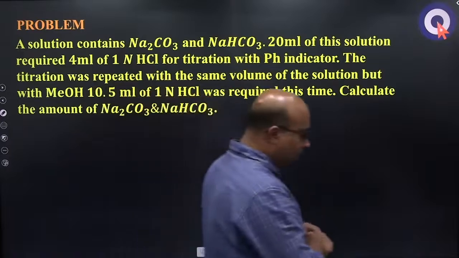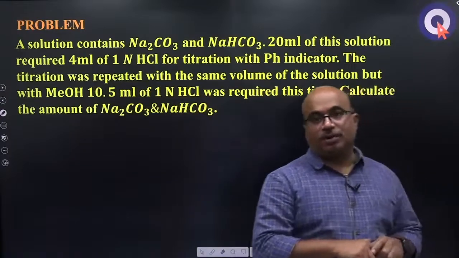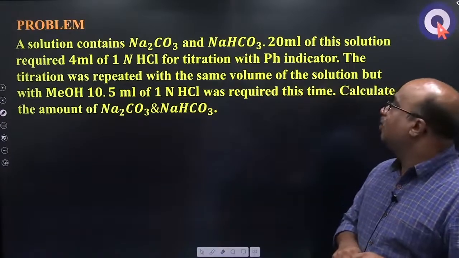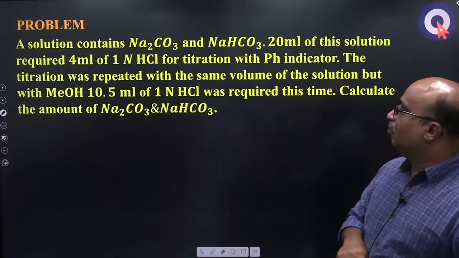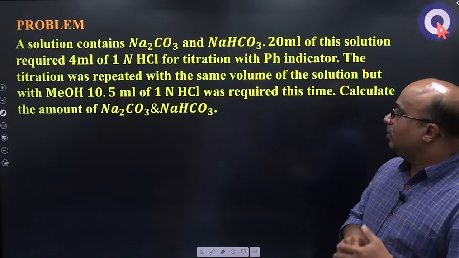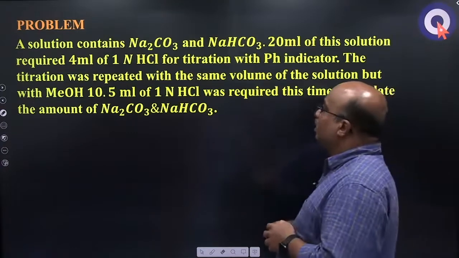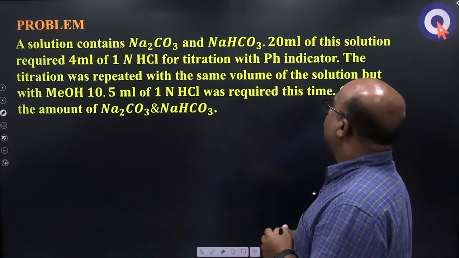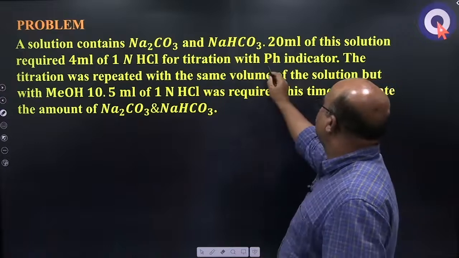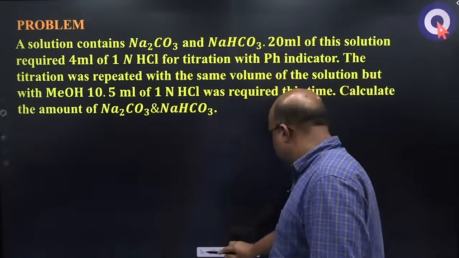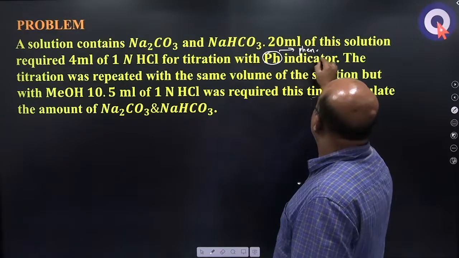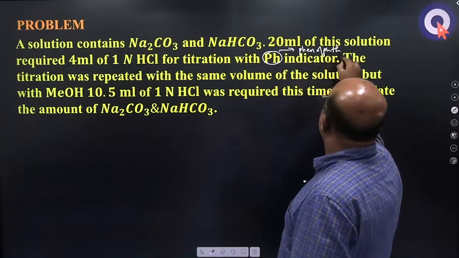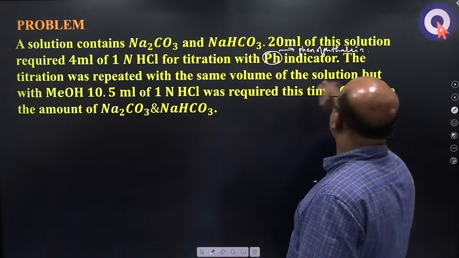Now, there is a solution of sodium carbonate and sodium bicarbonate. 20 ml of this solution requires 4 ml of 1N HCl for the titration with the pH indicator. So it's phenolphthalein indicator.